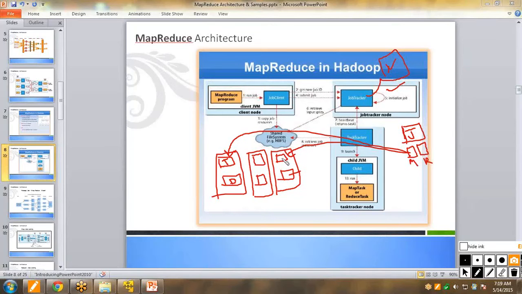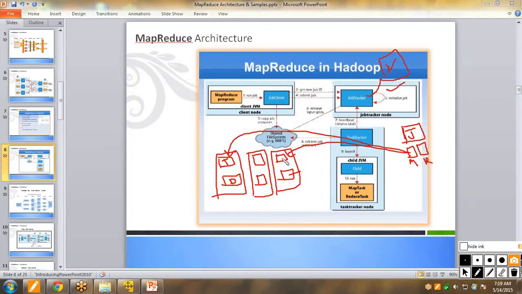So array equals split the line by what? By space character. This is algorithm writing, this is not actual Java syntax. So you get an array of words, right? If I say array of 0, what do you get? 0 is deer, 1 is bear, 2 is river. Now we have 3 words here.